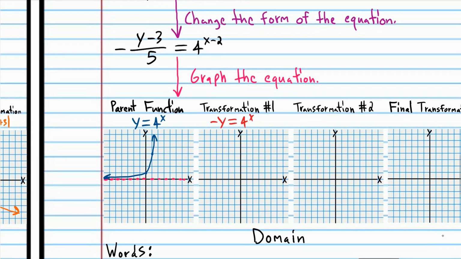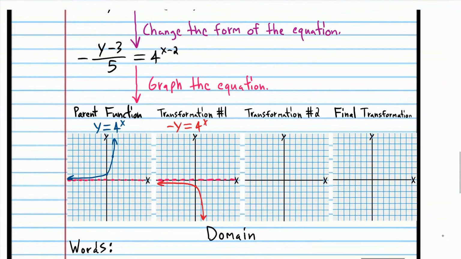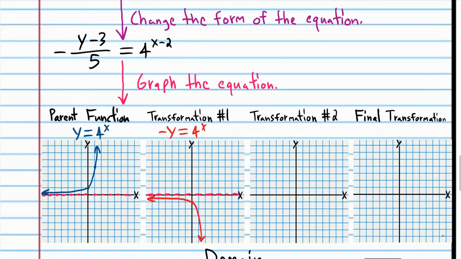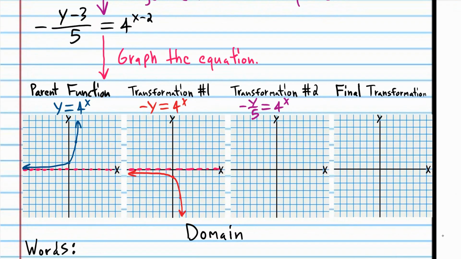So that reflects across the x-axis, which doesn't change the appearance of the horizontal asymptote. That flips the graph across the x-axis. Then I'm going to replace y with y over 5. That multiplies all the y values by 5.